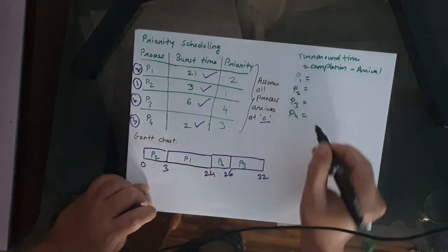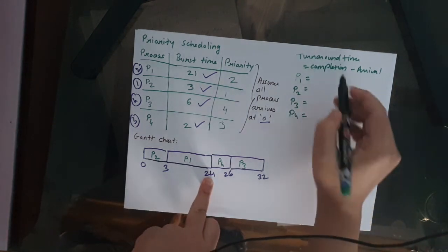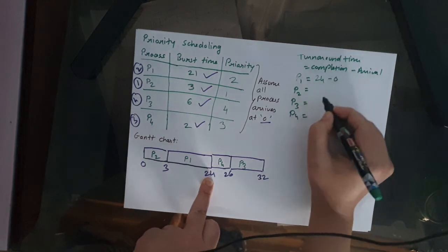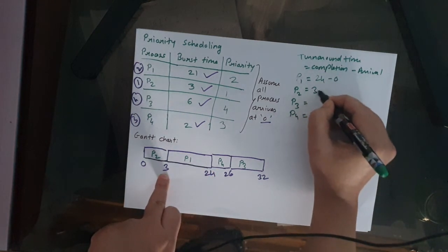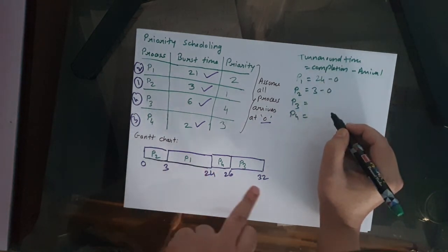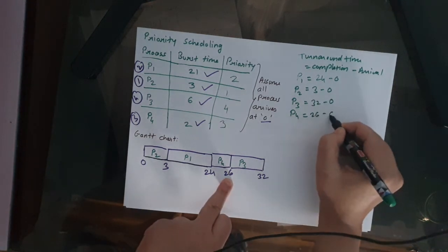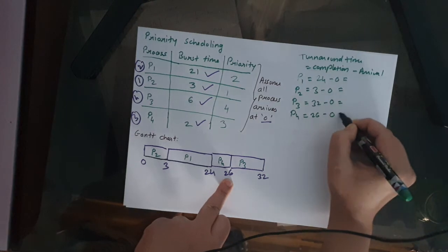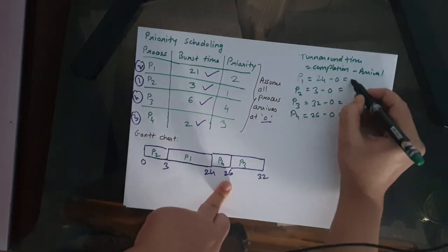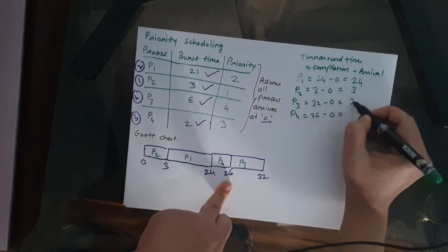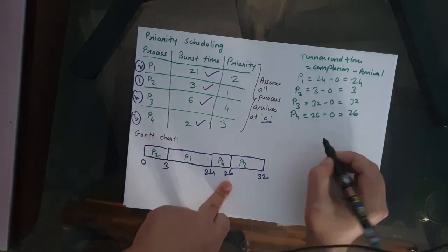So let's see P1's completion time. P1 just completed over here at 24 minus 0, P2 over here, P3 at 32, P4 at 26. Just find out what it is: 24, 3, 32 and 26.